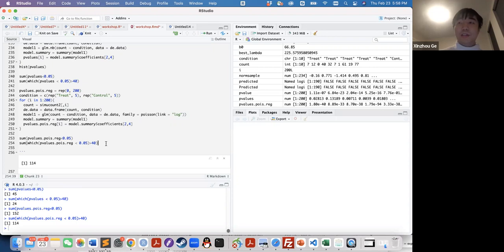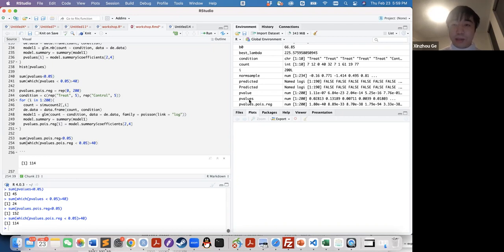And I know that using the Poisson distribution is incorrect because the data is not from a Poisson distribution. So we can know that if we use the incorrect model, the Poisson regression model, the results will be totally bad, and the number of false discoveries will be very, very large, and we should always try to avoid such problems.